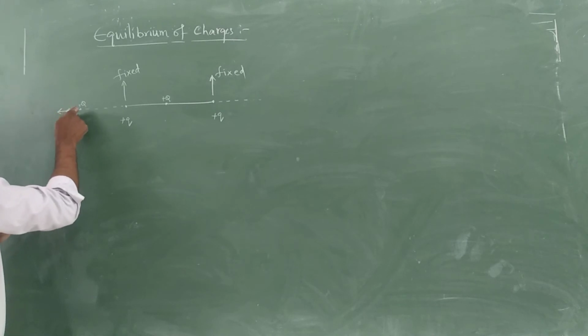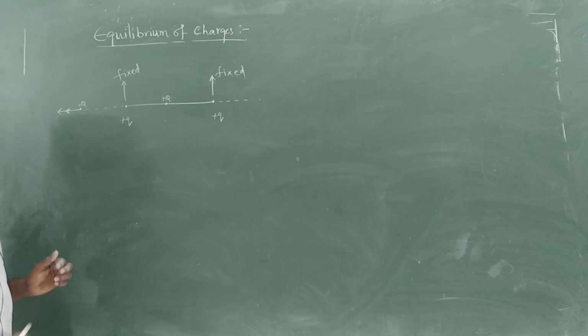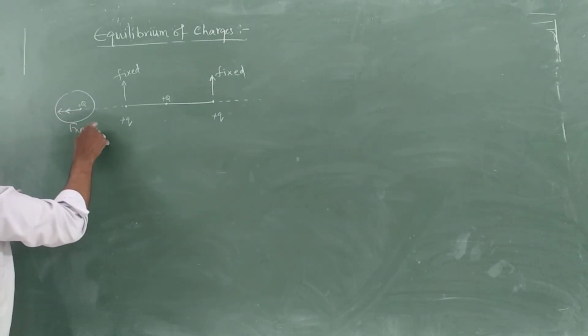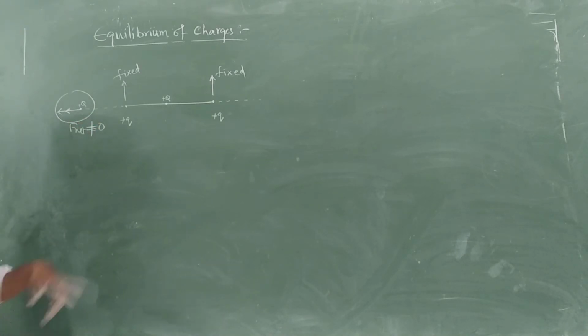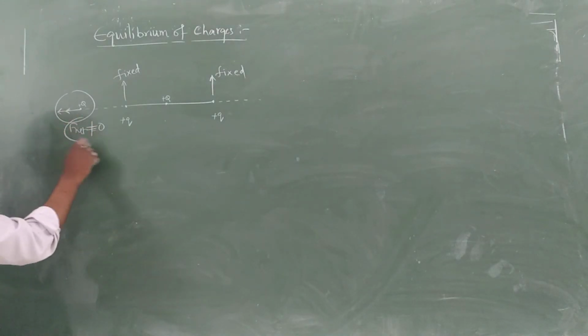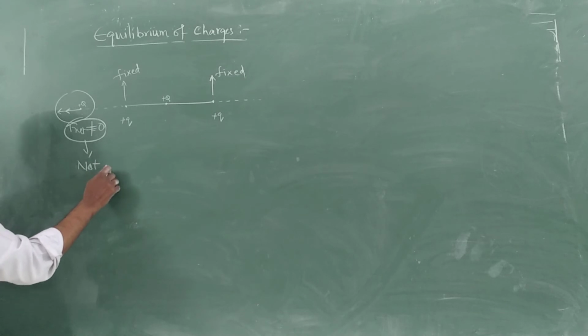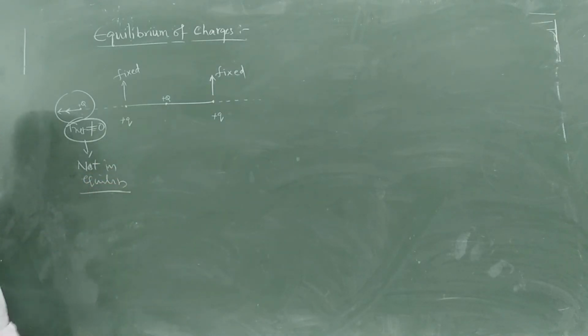So both forces by these two charges on it are in the same direction, so some net force is acting on it. Will it be zero? No. Net force is not zero, so this is not in equilibrium position. Understood? So outside there is no equilibrium here.